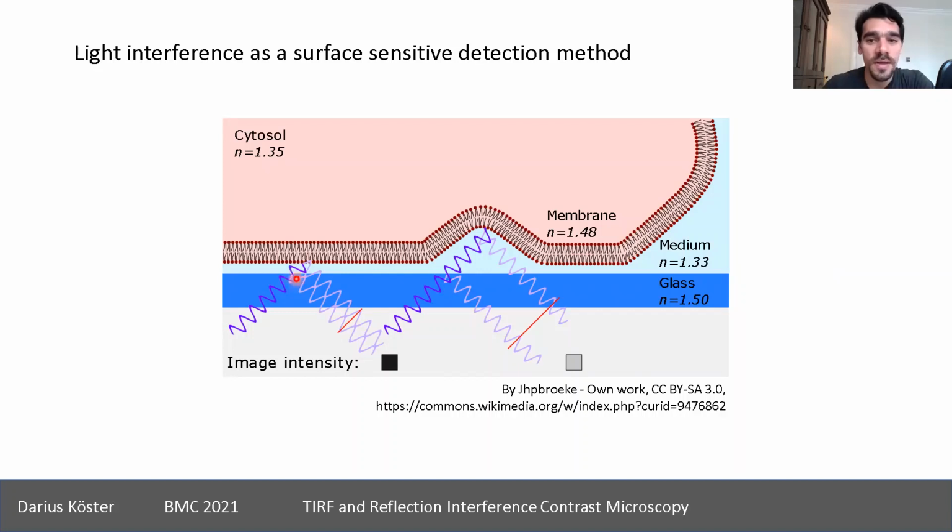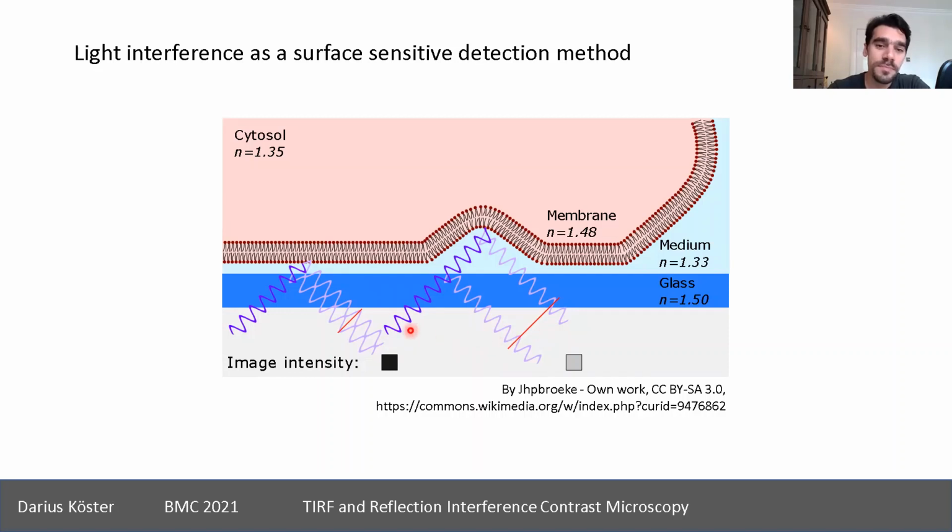So if they're just close, you can get destructive interference. If they're at a different distance, the 2 waves might not totally interfere destructively and might add up. So you can get differences in contrast.